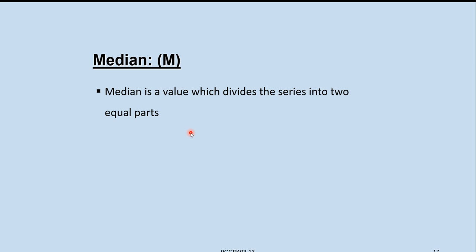Now here median is the exact value or nearing value of the center value of the given data. This value can be calculated by taking some formula and then the median is calculated.